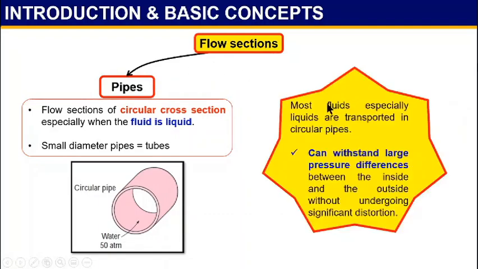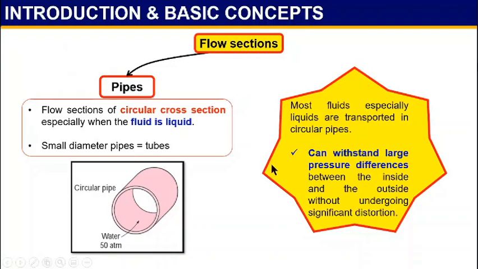Alright, so most fluids, especially liquids, are transported in circular pipes. Why? Because they can withstand a large pressure difference between the inside and the outside without undergoing significant distortion. So sometimes in the exam, they will ask you what are the benefits of fluid being transported in circular pipes compared to ducts.